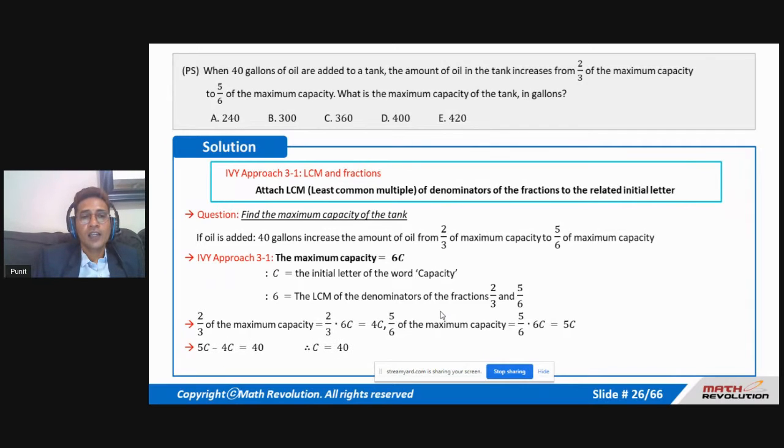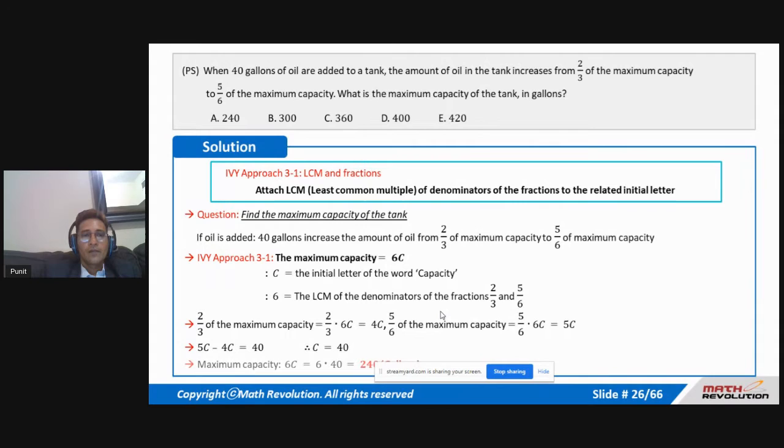So when you add 40 gallons of oil, there is an increase from 2/3 to 5/6, so the increase is C for every 40 gallons added. So the maximum capacity would be 6 times 40, which is 240. Simple.